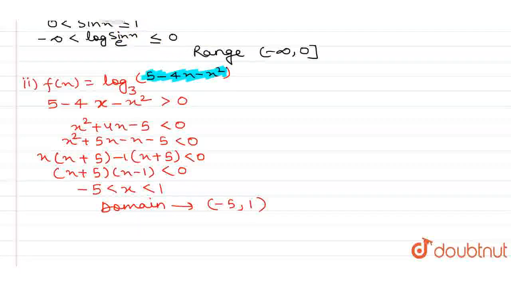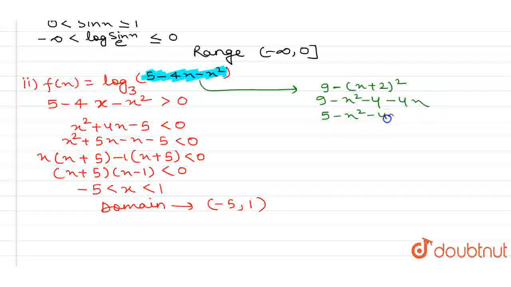This quadratic can be written as 9 minus (x plus 2) whole square. If I expand it, I get the same expression: 9 minus x square minus 4 minus 4x, so it is 5 minus x square minus 4x. So I can write this expression in this form.